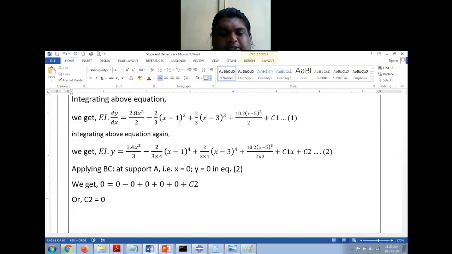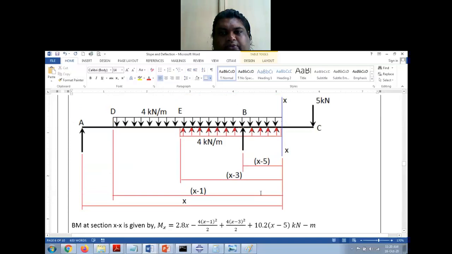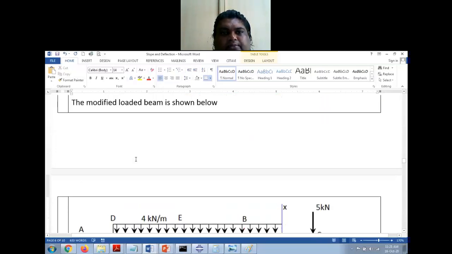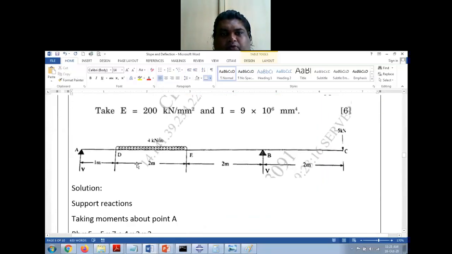Now I'll apply another boundary condition. Applying boundary condition at support B, that is x is equal to, what is the length of x there? 1 plus 2 plus 2, that is 5 meters.